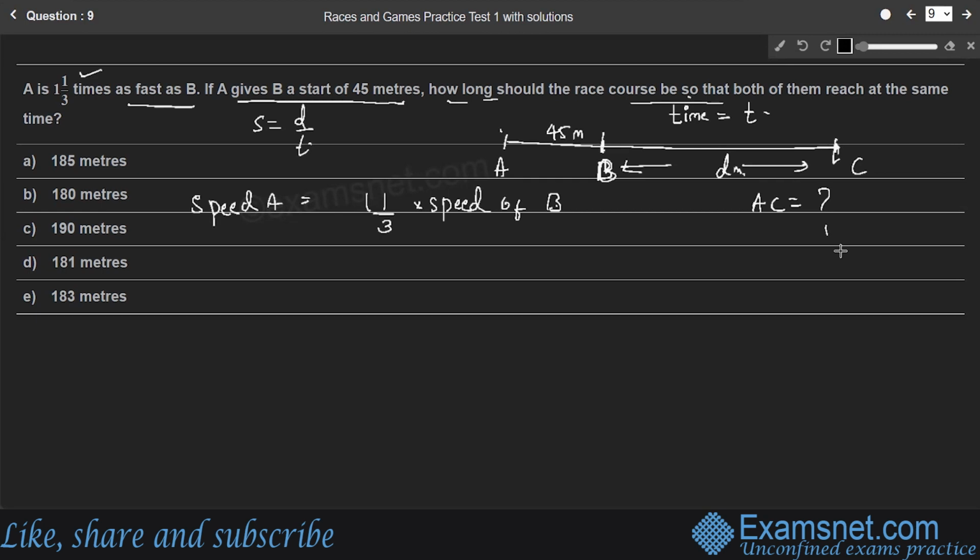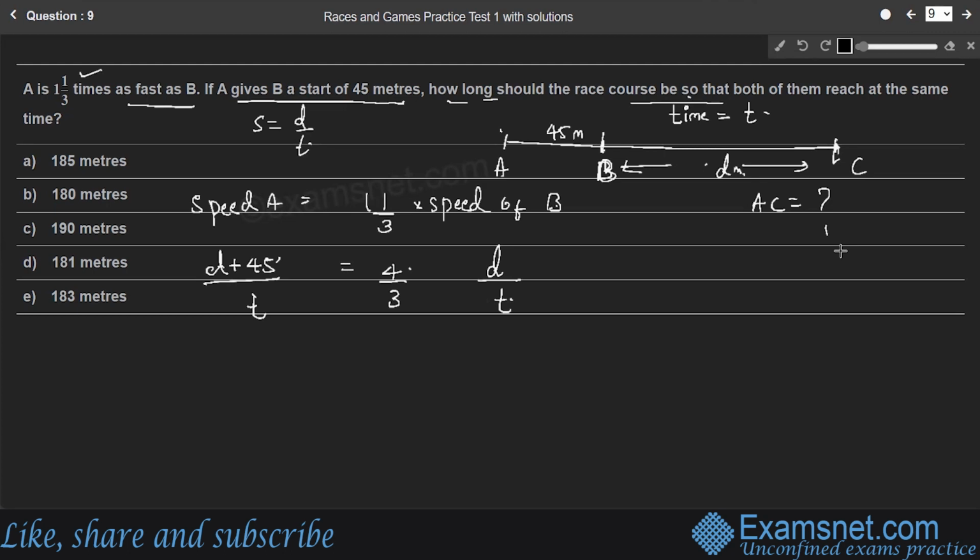A covers d plus 45 meters to reach C, so we consider d plus 45 meters in t time, which is equal to 1 1/3, or 4 by 3, times the speed of B. Speed of B means distance covered by B by time taken by B, so d by t gives the speed of B.